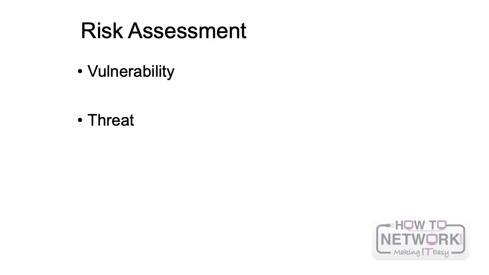So, first of all, vulnerability. Vulnerability is identifying that a system, for example, or a device, or an infrastructure or premises are vulnerable to a specific attack. Now, keep in mind, an attack can be on purpose or not.